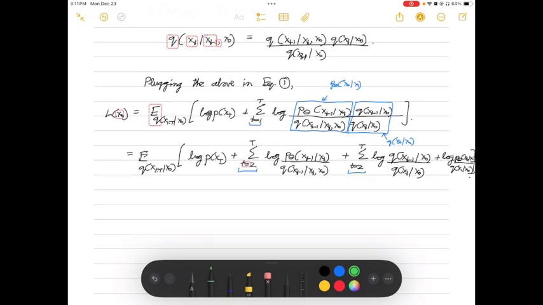So one thing to note clearly is that this term can be simplified right off the bat. So let's call this term star. If we expand star, we will see that it is a telescoping sum.